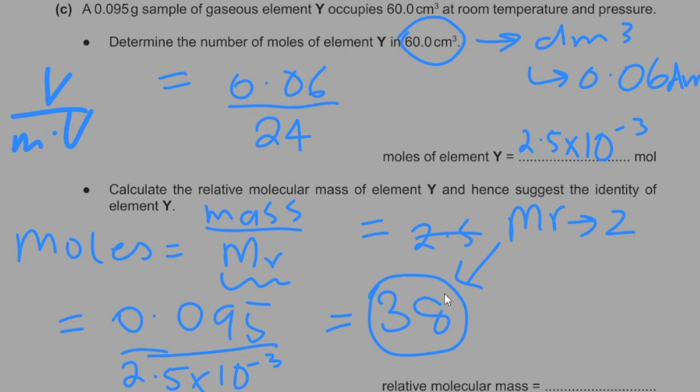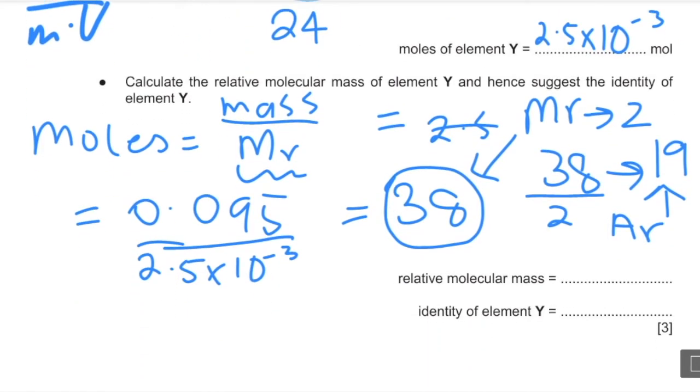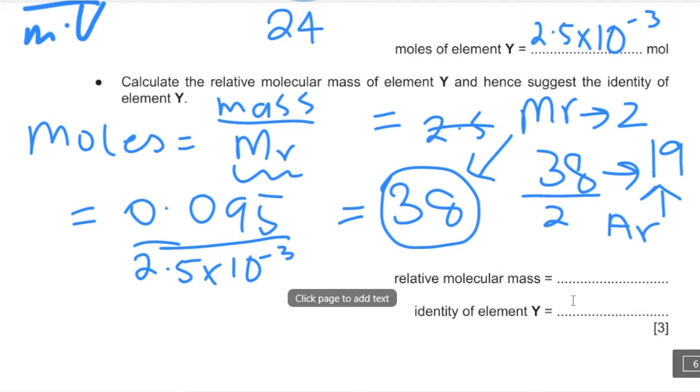So over here I'm going to divide 38 by 2 because we have 2 atoms in a single molecule, which gives the answer as 19. Now this is the relative atomic mass of element Y. If you check out the periodic table, you would see that fluorine has the relative atomic mass 19, and so element Y is fluorine.